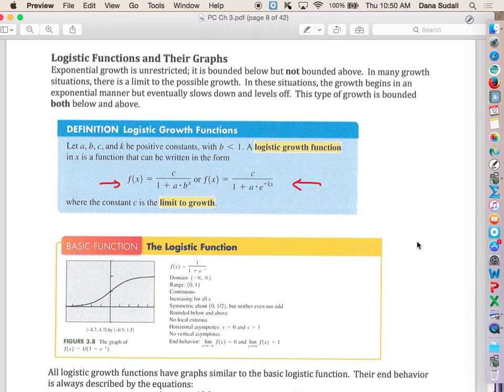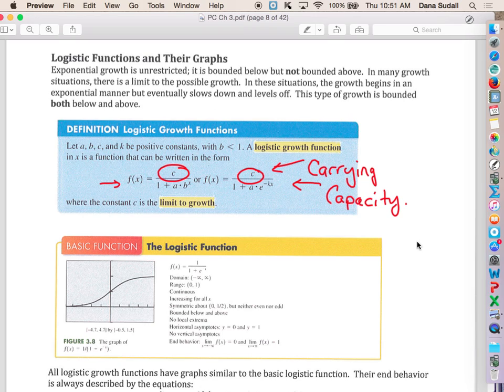And the limit for the growth is going to be whatever this numerator is. We talked about that before when we talked about carrying capacity. I think we had a bear problem or deer or something like that. So that's what that numerator is going to give you.